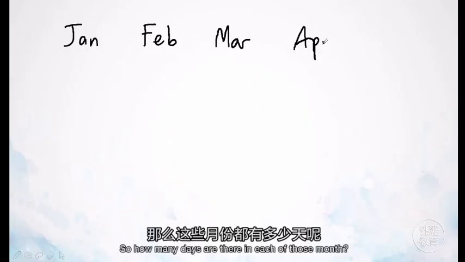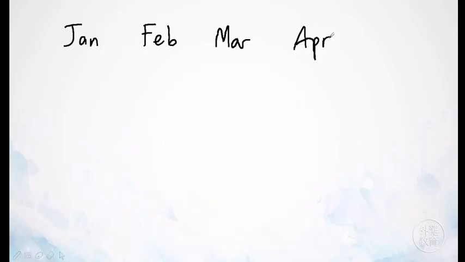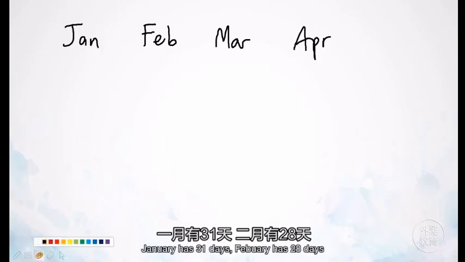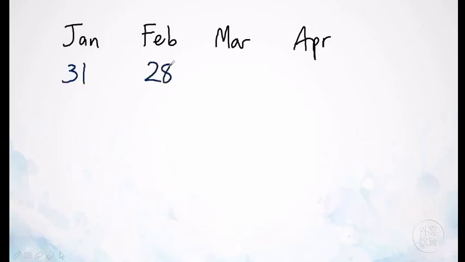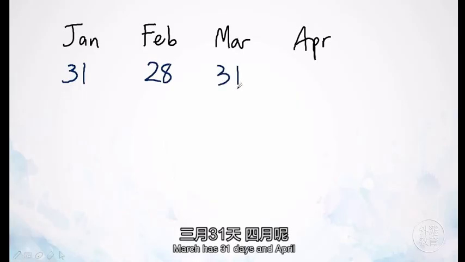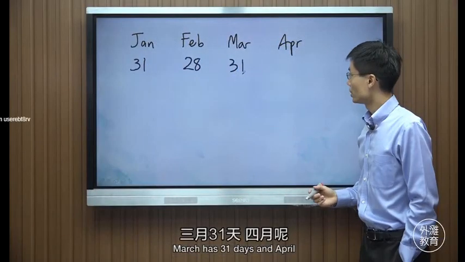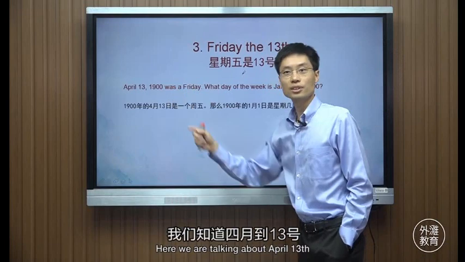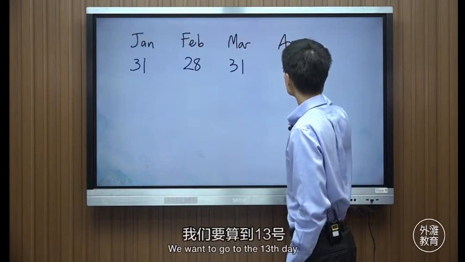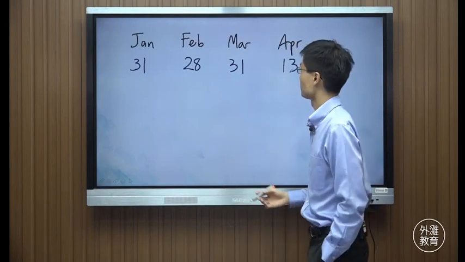So how many days are there in each of those months? January has 31 days. February has 28 days. March has 31 days. And April, here what we're talking about is April 13th. We want to go to the 13th day.